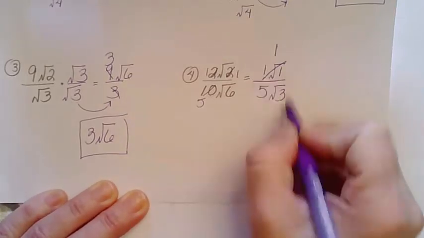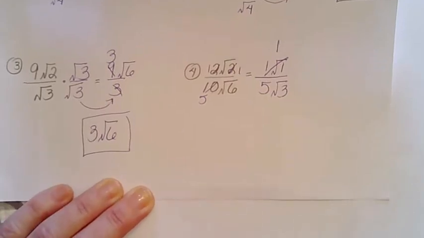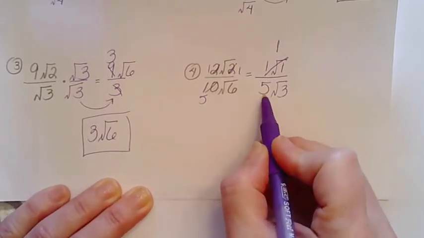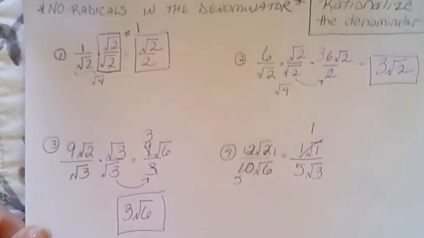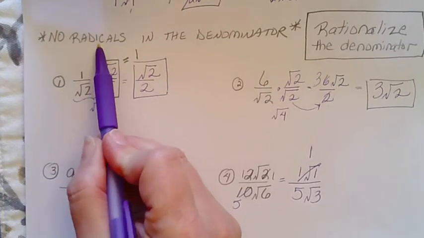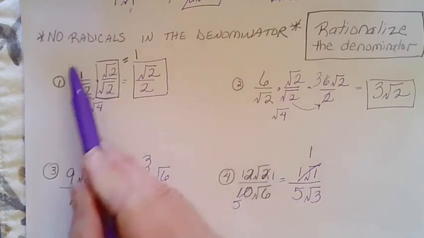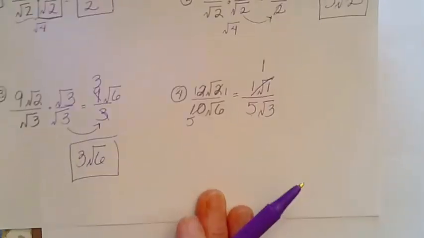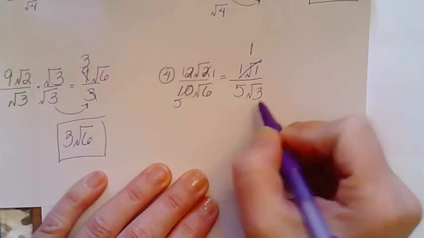Now, look at your denominator. You have 5 radical 3. This is the first example that we're seeing right now where there is a number times a radical. But let's remember, the problem is when there is a radical in the denominator, not a number like 5, just the radical. So only when we rationalize, focus on the radical.